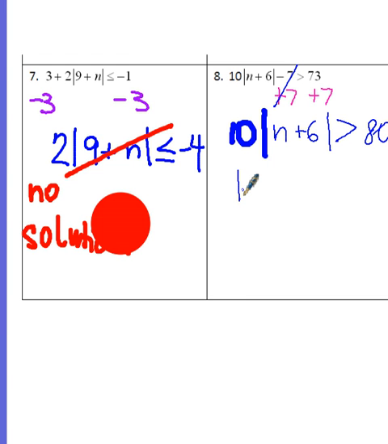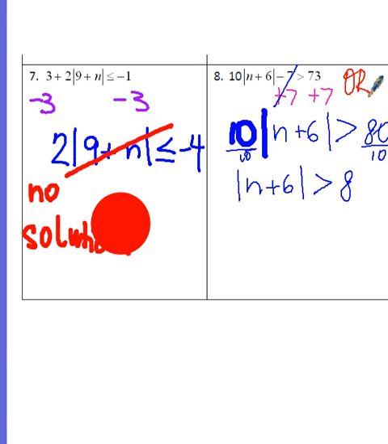Absolute value of n plus 6 is greater than, we are dividing by 10, so it's 8. And now the question is, is this an AND statement or an OR statement? Because the distance has to be greater than a number, it means we will be going in two opposite directions. It's an OR statement.